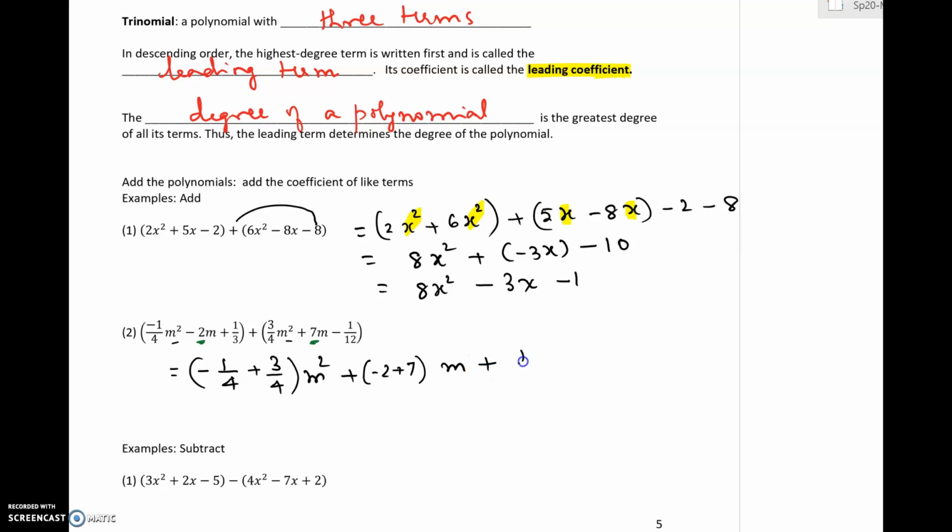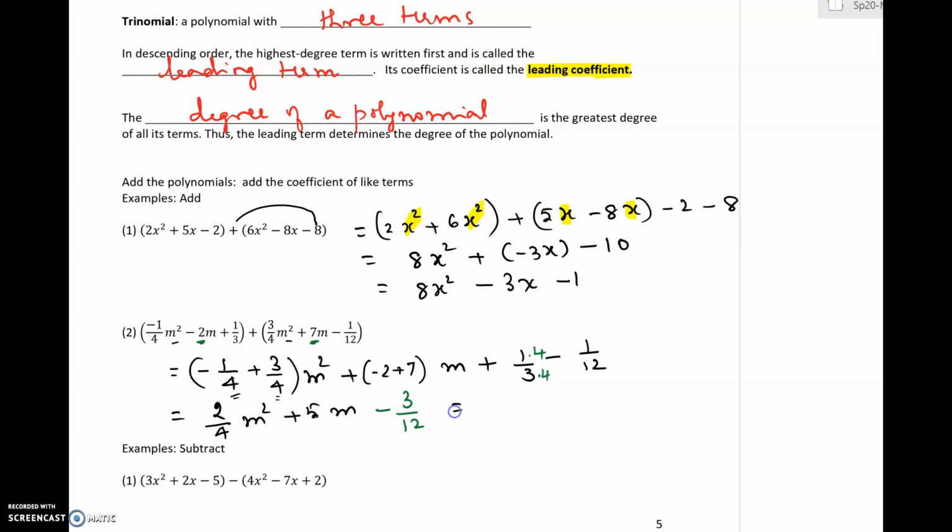Then we are going to add the numbers, which is 1/3 minus 1/12. So here, as long as the denominator is the same, we can add the numerators, which is negative 1 plus 3, which is positive 2 over 4 m squared plus 5m. Then you are going to adjust the denominator here. That is times 4 times 4. So it is 4 minus 1, so it is 3 over 12.